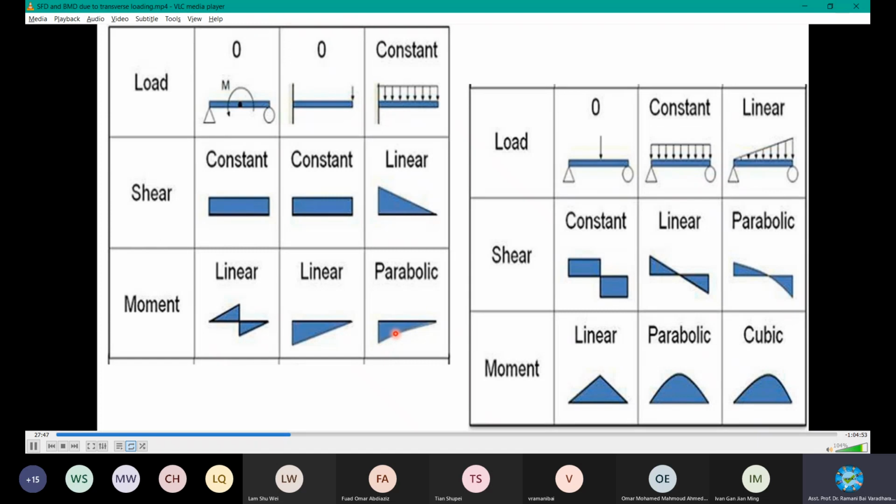So in the profile it is gradually decreasing in this shape, reaching zero at this end.